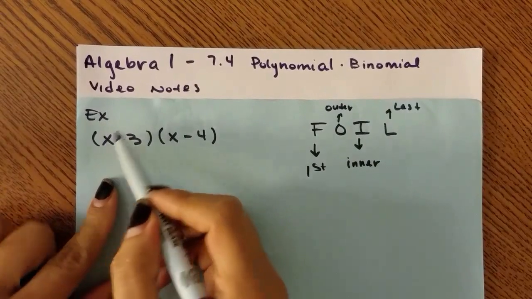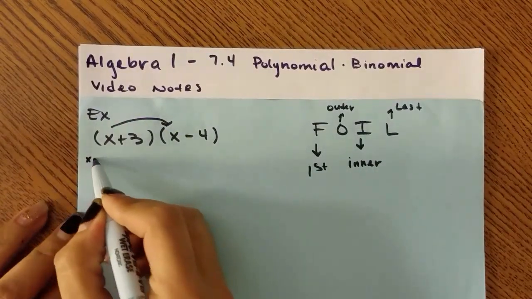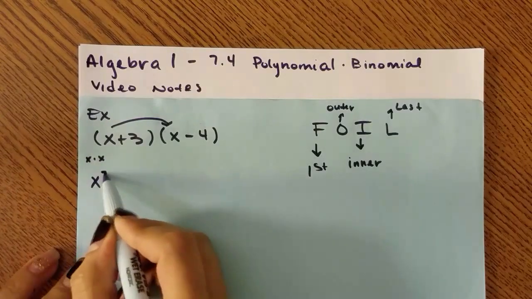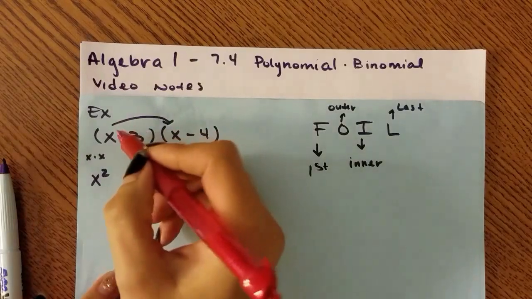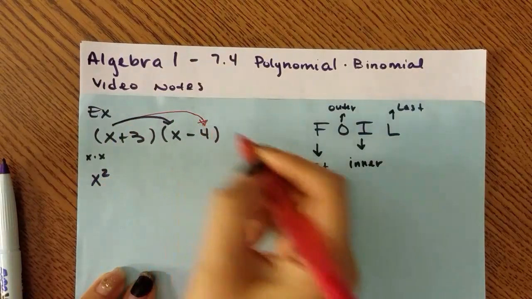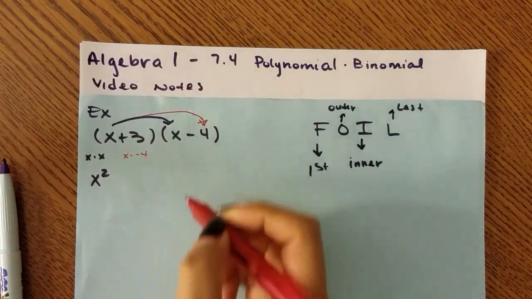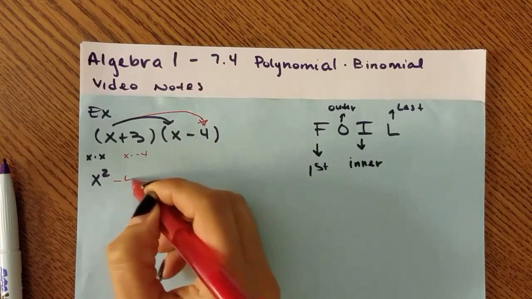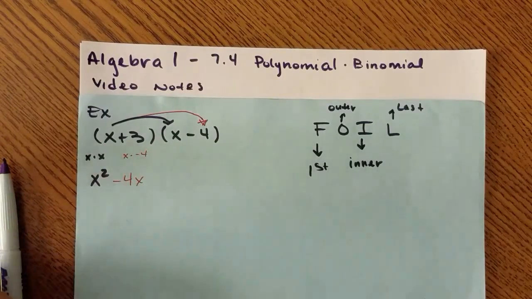We're going to multiply our first terms, so x times x, which is just x squared. Secondly, we're going to multiply our outer terms. So I'm going to continue with this x and multiply it times this outside term, so we're doing x times negative 4, which is just negative 4x. And you want to bring down whatever sign you end up with.